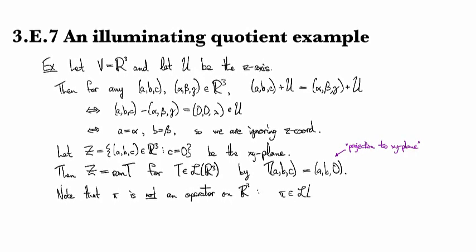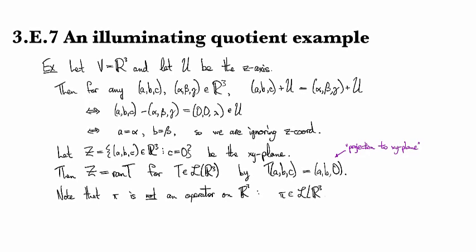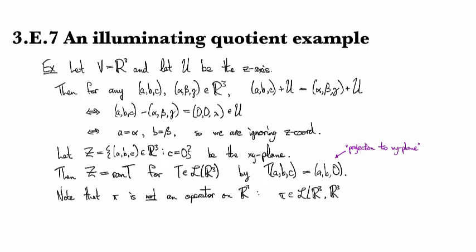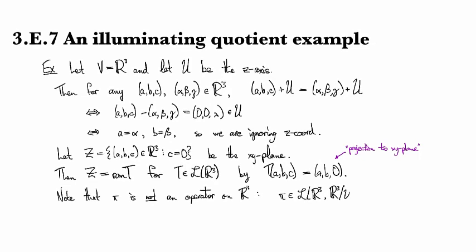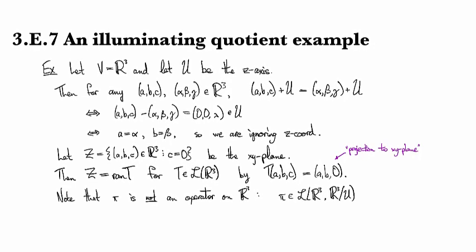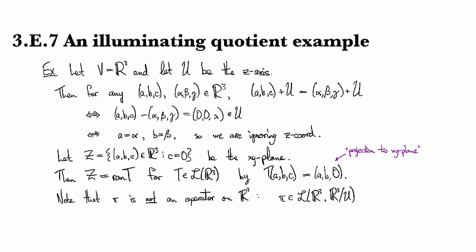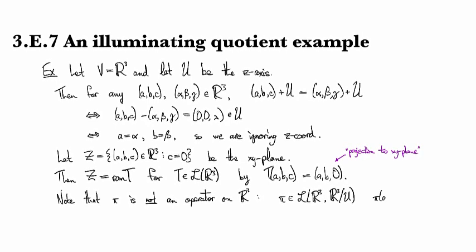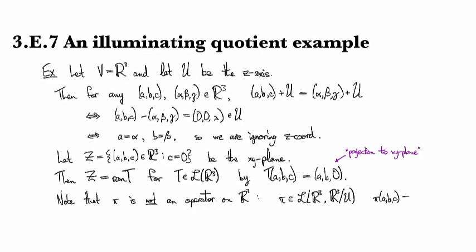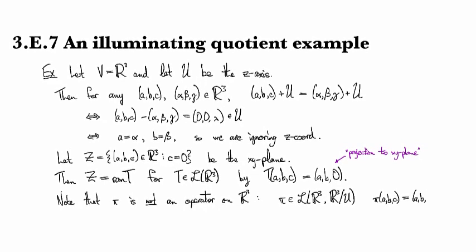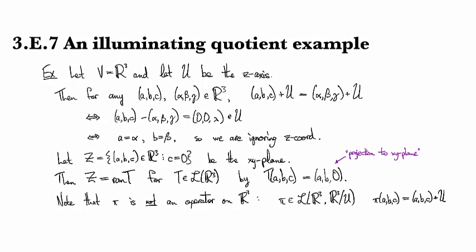Pi is a linear map from R3 to R3 mod U. And if we look at pi of (A, B, C), it would be (A, B, C) plus U.